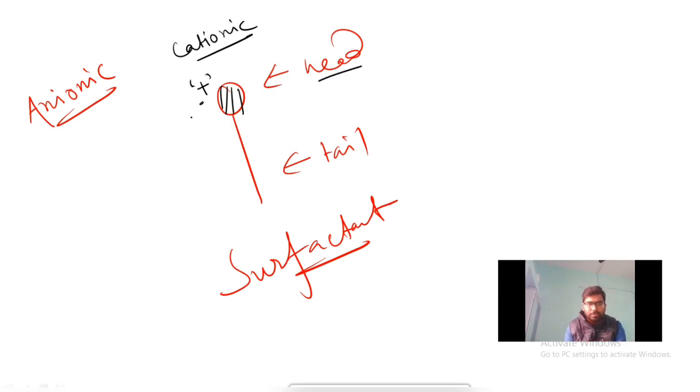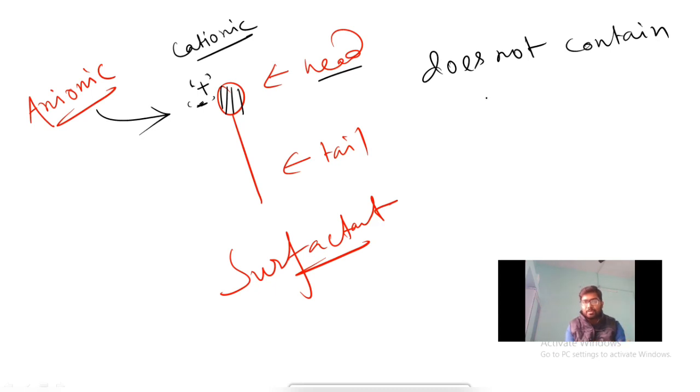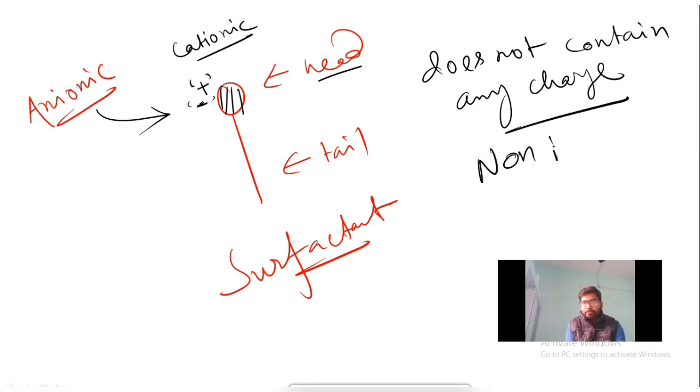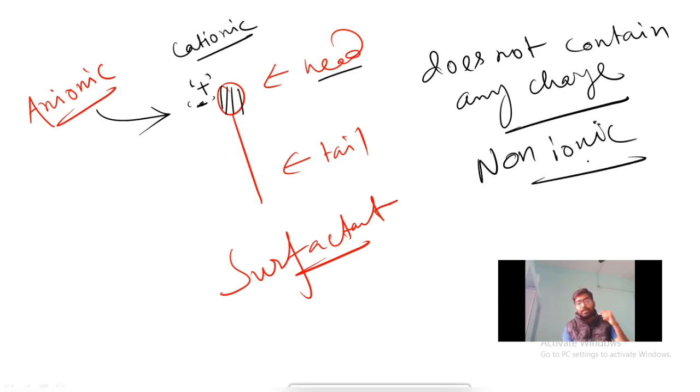If the head portion contains a minus ion, I mean an anion, then it will be considered as an anionic surfactant. If the head portion does not contain any ion or any charge, then it will be non-ionic surfactant.